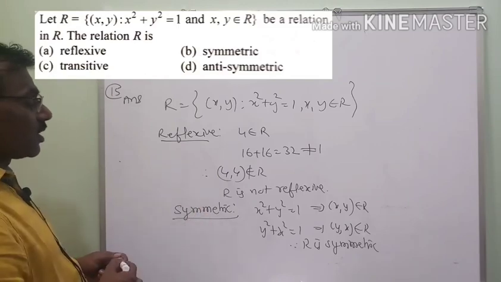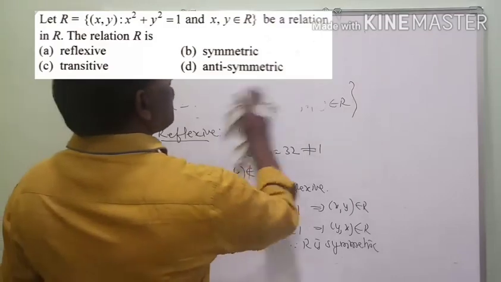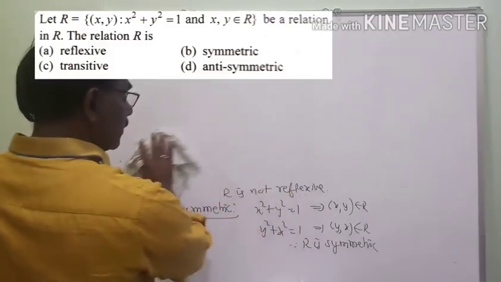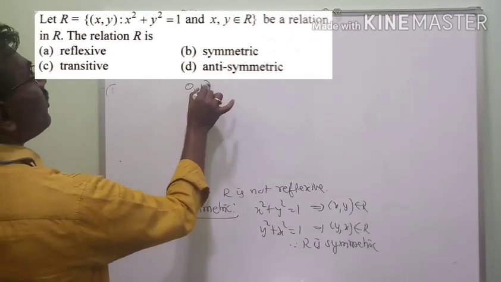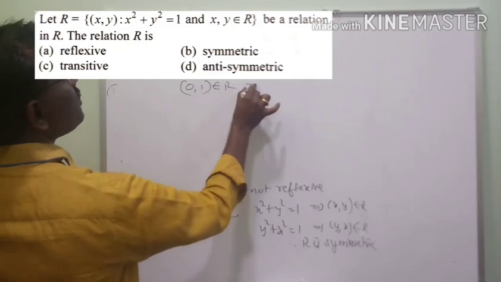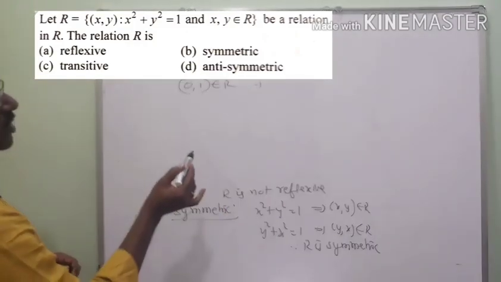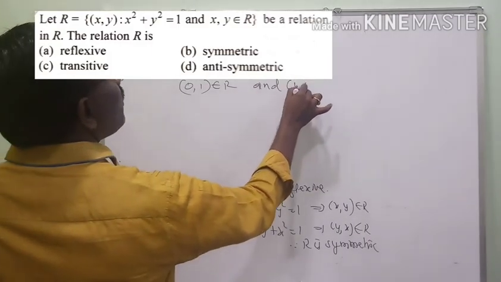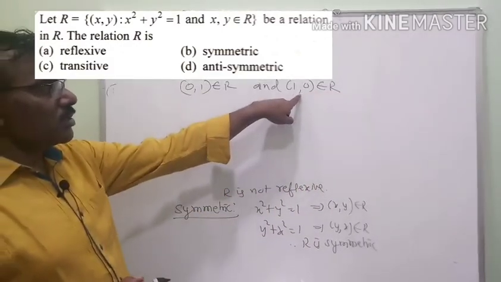Okay, R is symmetric. Whether it is transitive or not: better you give an example. Take (0,1) belongs to R, because 0 square plus 1 square equals 1, and (1,0) belongs to R, because this also has LHS equal to RHS.